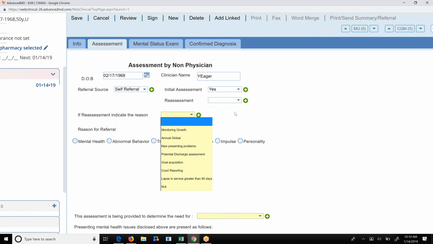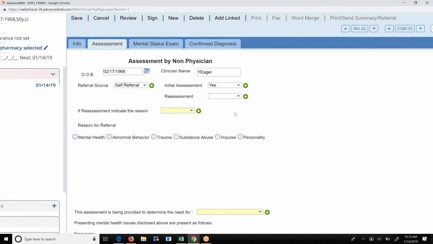Now, at the top of this template, you've got your date of birth and your clinician name and referral source and things of that effect. And then you've got the reason for referral, which, to be honest with you, there could be times when we have clients where there are multiple ones checked, whether it be mental health or abnormal behavior or things to that effect.